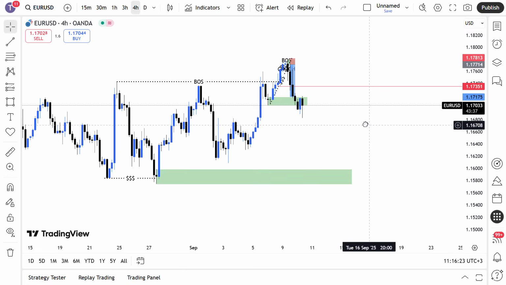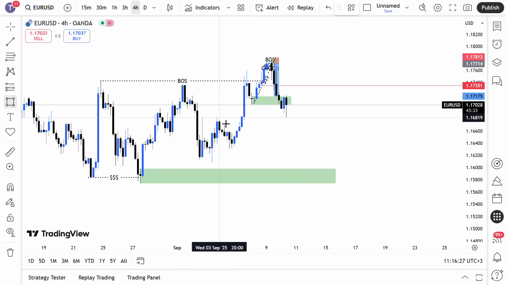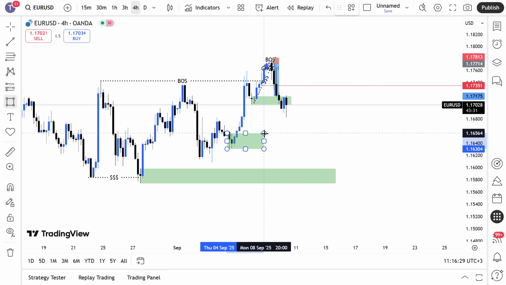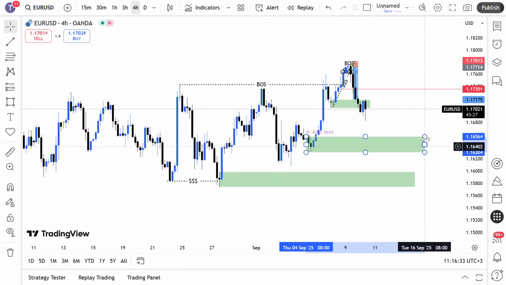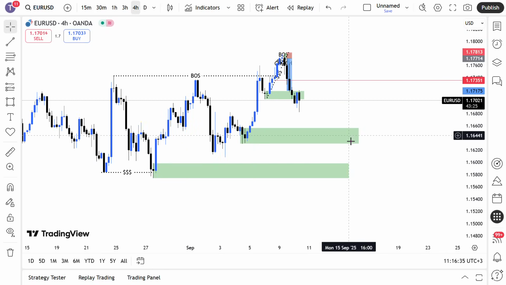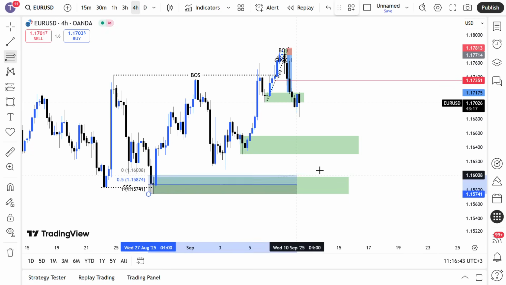I expect GBP USD to be buying, and in this case, we have this order block that has been left behind, and this order block is from the 50% level. So I expect some more selling pressure into this discount level.